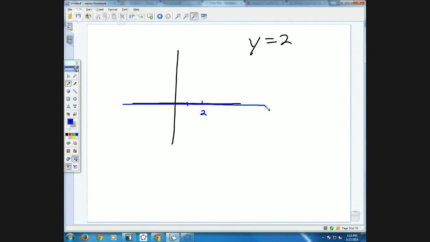Why do I have to draw a horizontal line? You're saying it's that horizontal line right there? There's no slope up there. It just says y equals 2. Oh, so you're saying that's really the line y equals 0x plus 2?